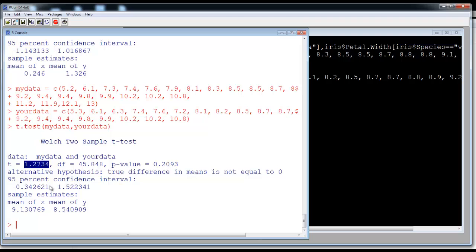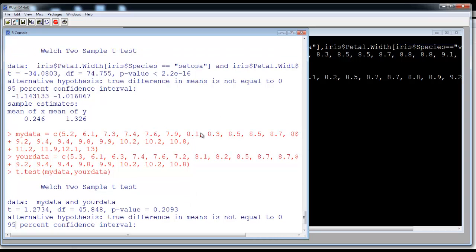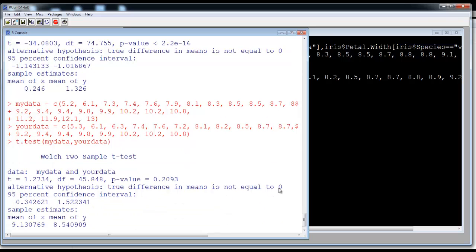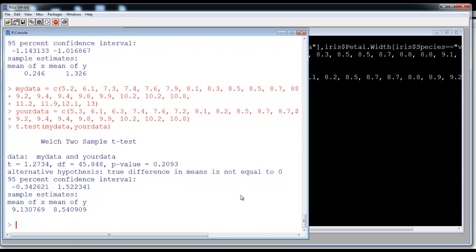So we should not have rejected the hypothesis to begin with, but we rejected the default hypothesis, and we are saying that the difference in mean is not equal to 0, whereas 0 does lie in the interval here. So in the earlier case we said difference in means is not equal to 0, and 0 did not lie in the interval. And here this 0 does lie in the interval.